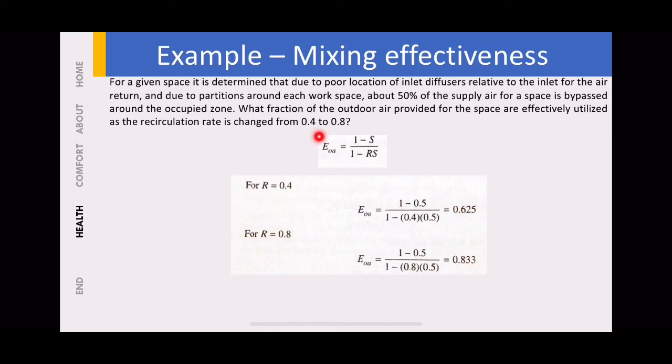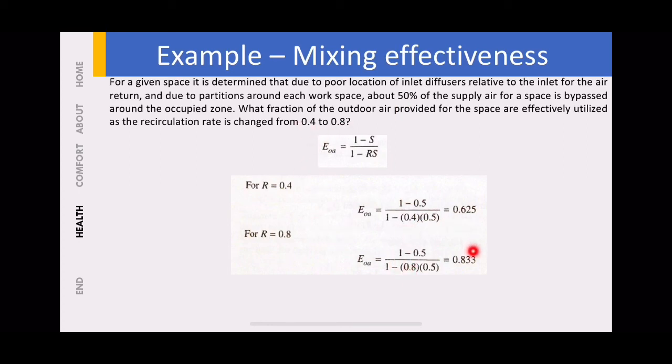as the recirculation rate is changed from 0.4 to 0.8? You will use this equation, right? R, the fraction of return air, is 0.4 to 0.8. You have all the values, right? S, the supply air for bypass stratification, is 0.5, which is 50%. And 0.4, 0.8 is this one.